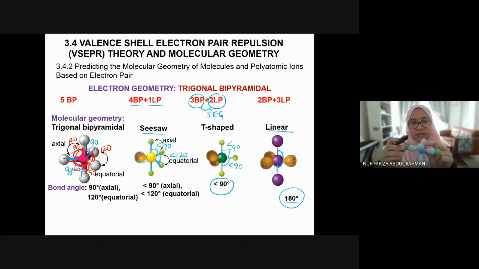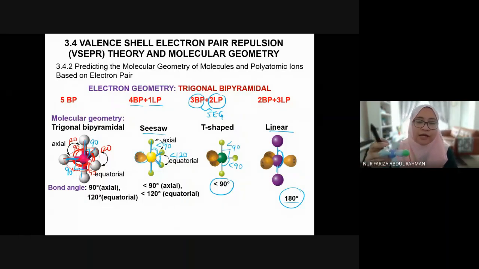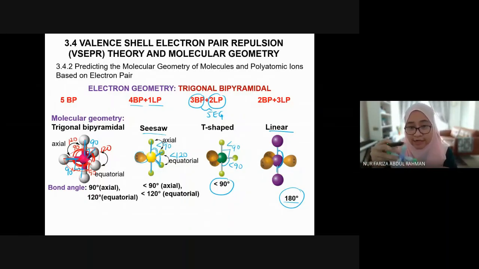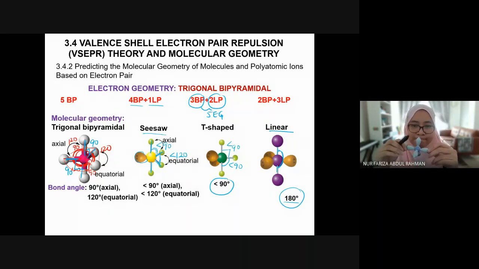So dia repel equally tau. Maksudnya dia punya repulsion tu are equal. Tapi kalau you ada 2 lone pair saja, dia tak equal. Okay, it's not equal. So it should not be 180 lah. Dia tak patut 180. After all, dia bukan 90 dekat atas tu. Between equatorial and axial pun bukan 90. Betul tak? Less than 90 kan? So macam mana you boleh dapat 180?